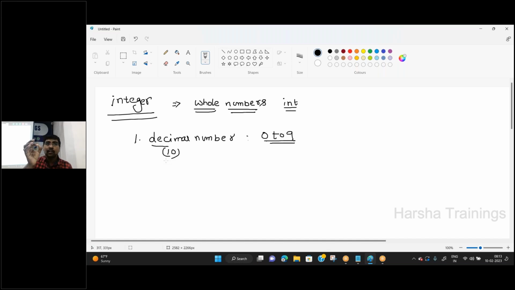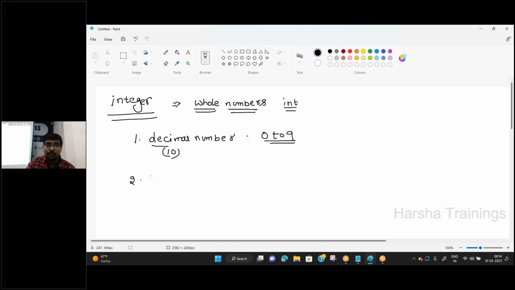For example, divide 23 by 10: 10 twos are 20, remainder is 3. Divide 59 by 10: 10 fives are 50, remainder is 9. Divide 60 by 10: 10 sixes are 60, remainder is 0. You divide any number by 10, the possible remainders are 0 to 9 only. 0 to 9 means 10 numbers. That is decimal.